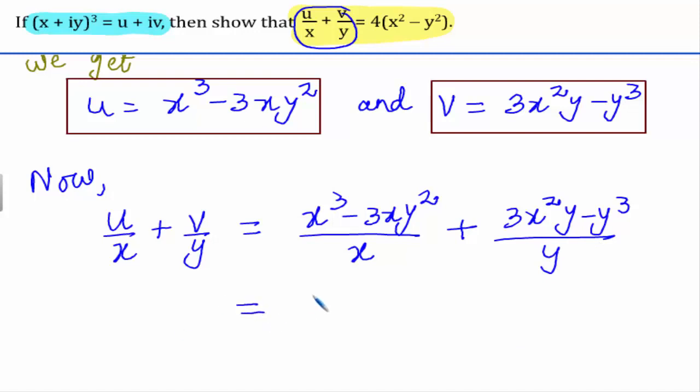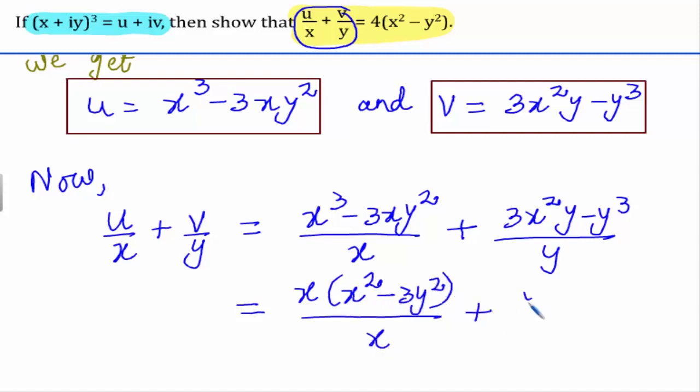This will be equal to x multiplied by (x² − 3y²) divided by x plus y multiplied by (3x² − y²) divided by y.